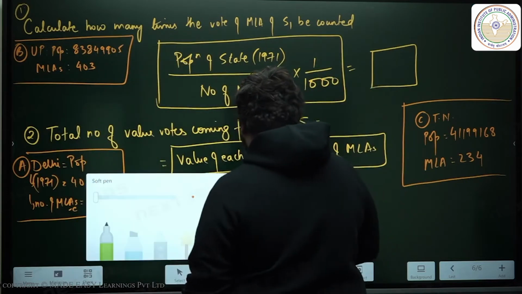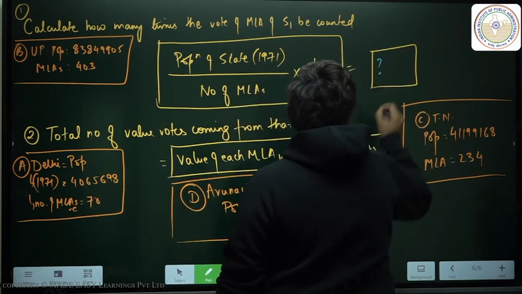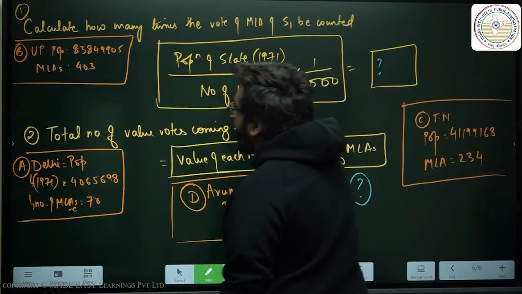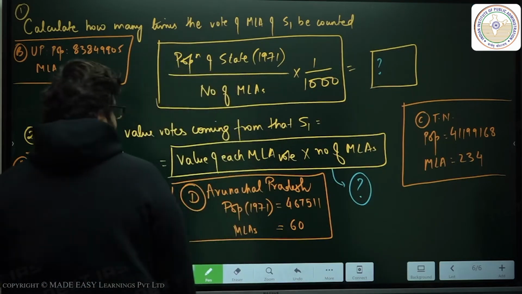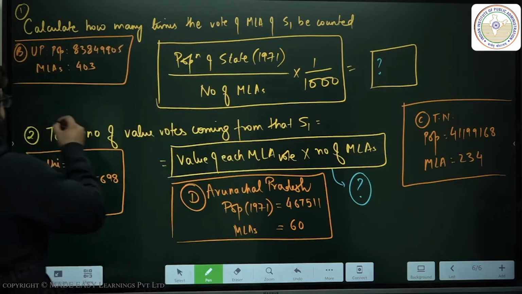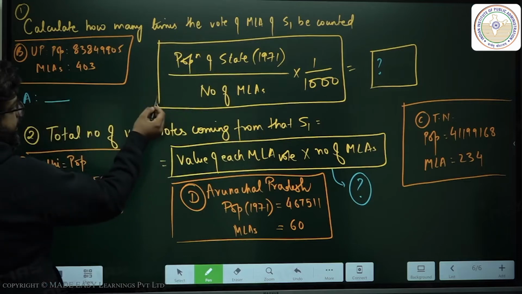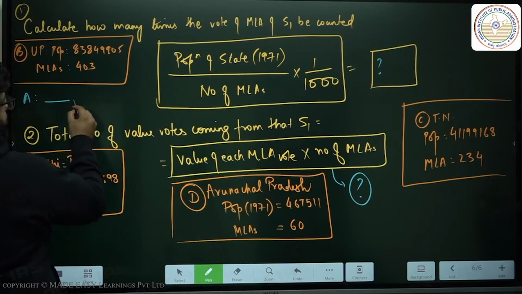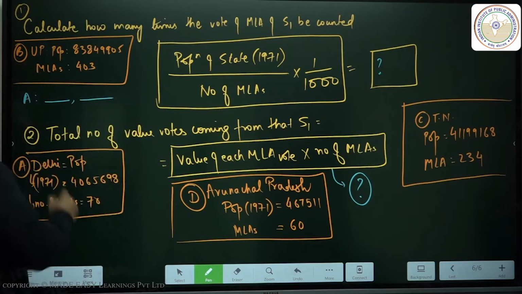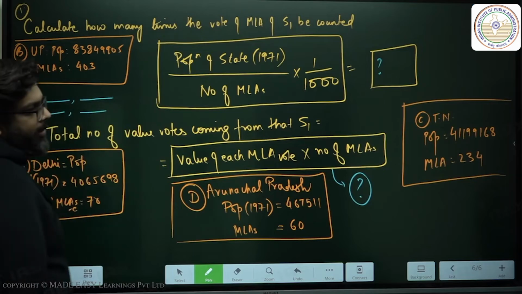Calculate this and this: each MLA's vote will be counted how many times and what is the value vote of each MLA. Answer ऐसे लिखना comment box में. A, first figure, the number of times that state MLA's vote will be counted, put a comma and the total vote value of that state. Similarly, B ऐसे. ठीक है, मैं समझ जाऊंगा.